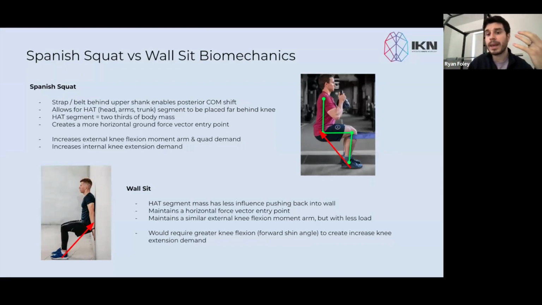But the key thing here is that the head, arms, and trunk is floating in space. So again, it's creating a downward force that's trying to pull the knee into flexion via the femur, okay? So that's another sidebar conversation that we'll have briefly at the end here, where it's important to consider, when we're thinking about the motion and the force generation through a joint, the segments that make up that joint.